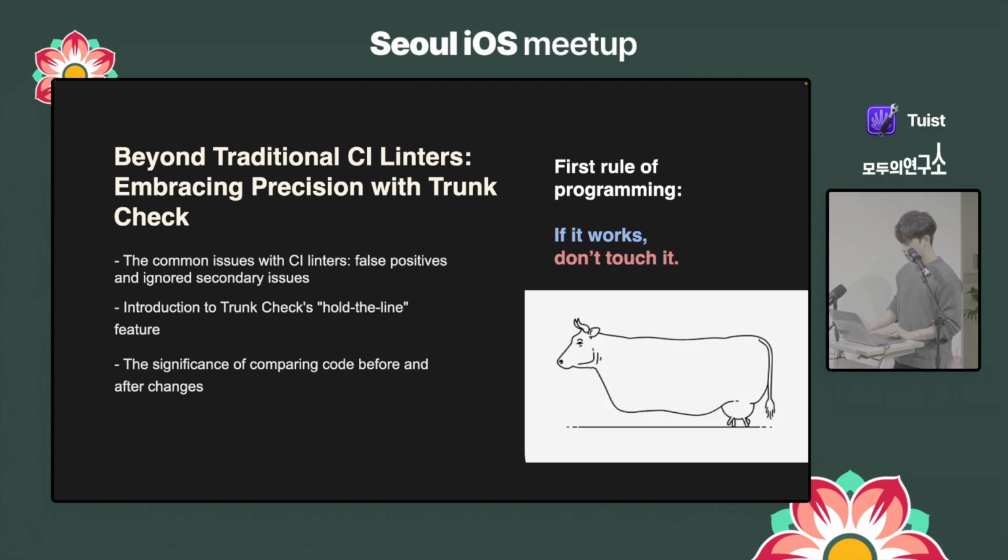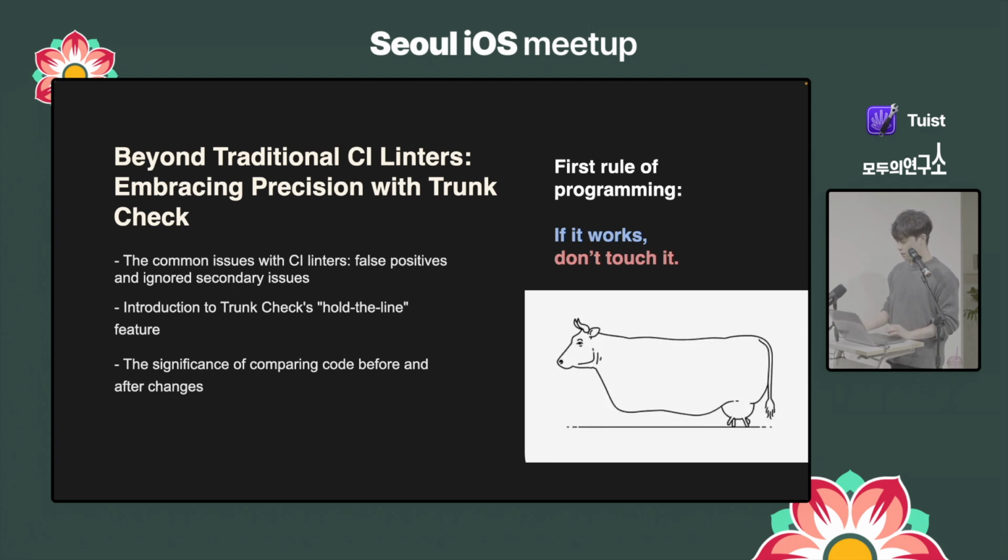Trunk check represents a novel approach with its hold the line feature, only reporting the actual differences. This precision ensures you are informed about the true impact of your pull request.